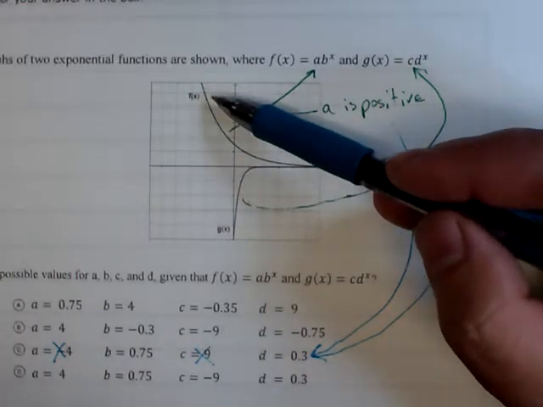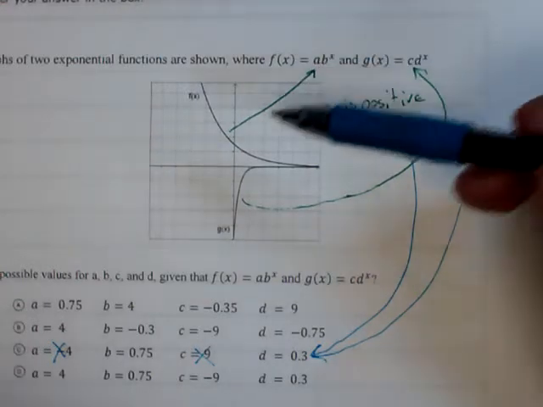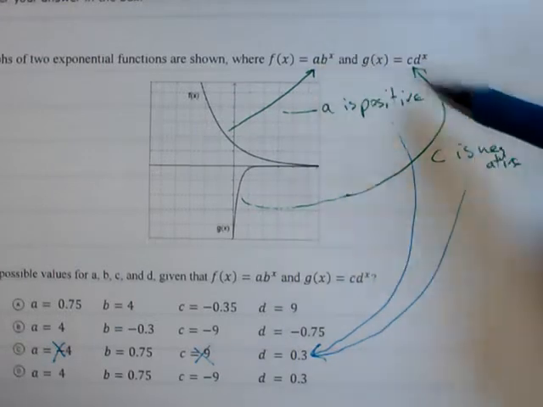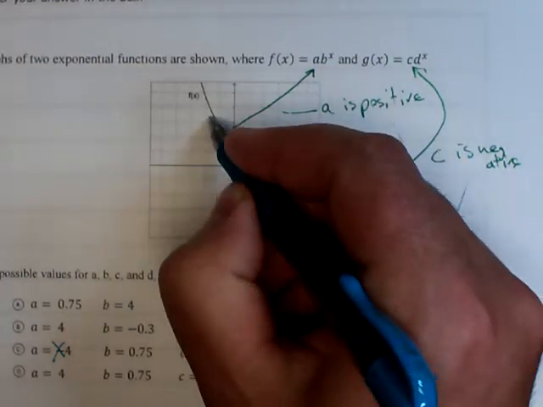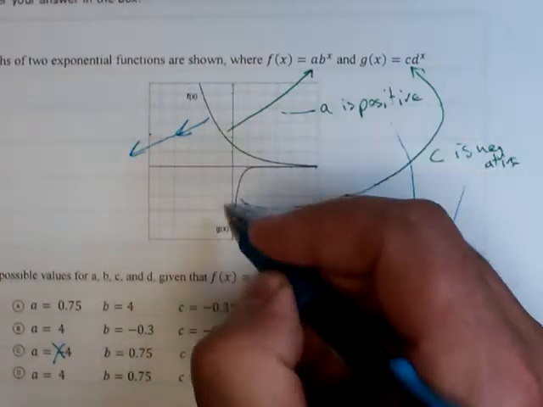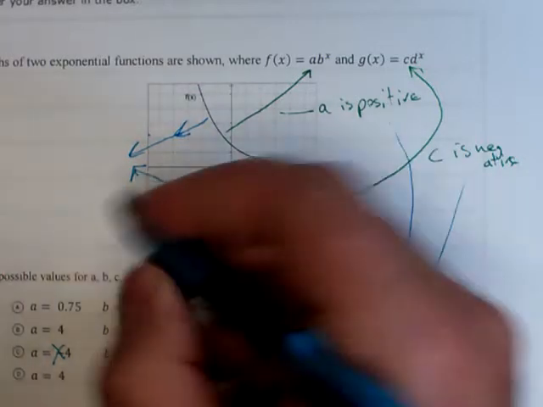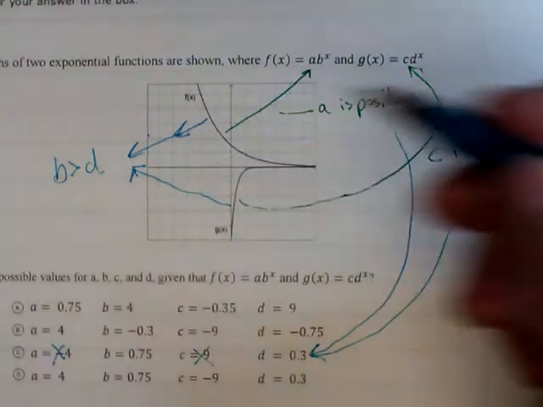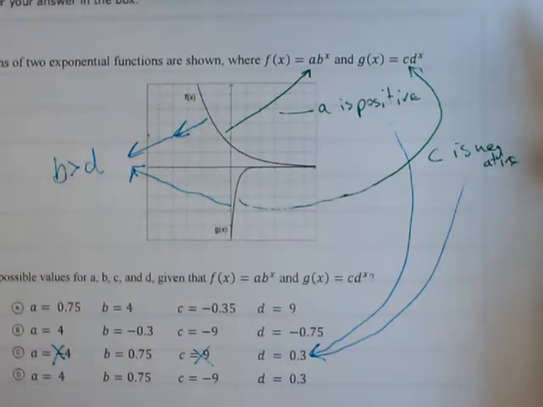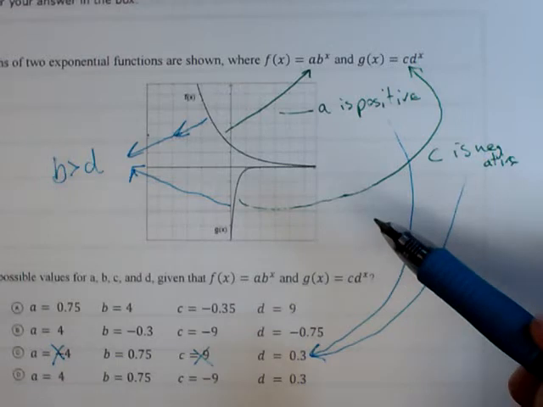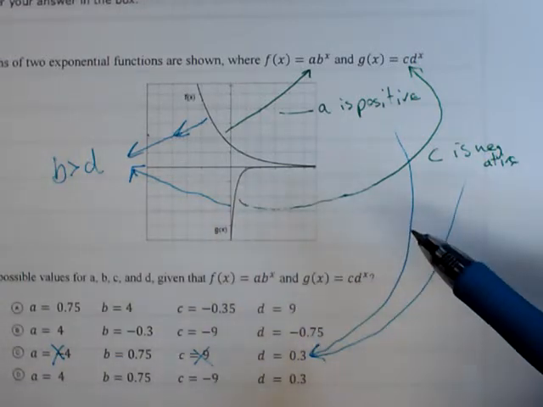This is decaying a lot more slowly, which tells me that the base, the b or the d, tells me that these two, this going slower than this one, tells me that b has to be greater than d. So this has to be a small number because it's decaying so quickly. When you multiply by a small number over and over again, you get things to decrease quickly.